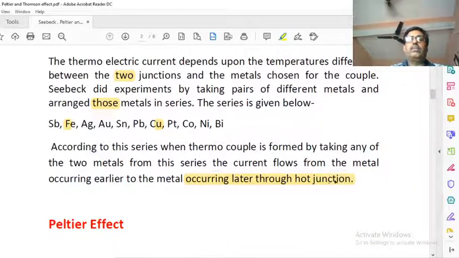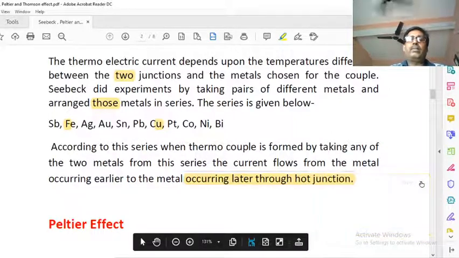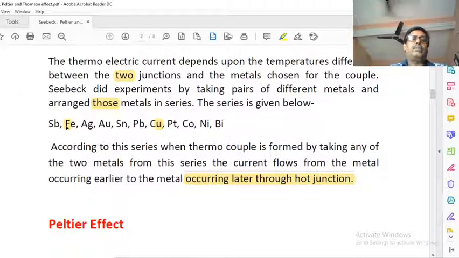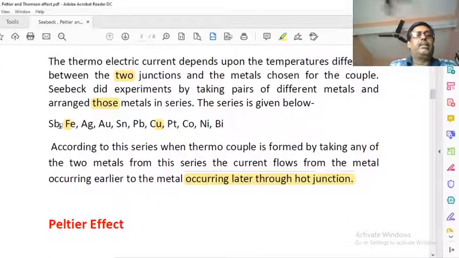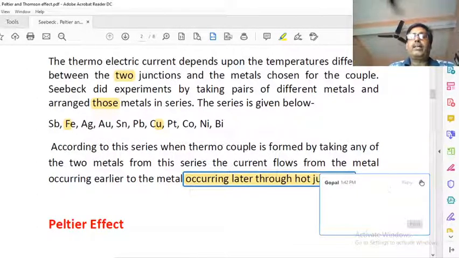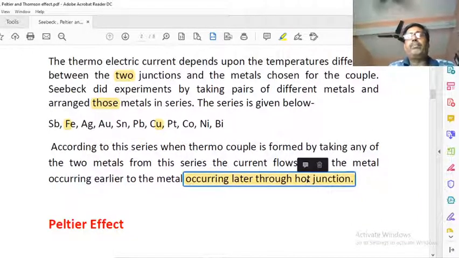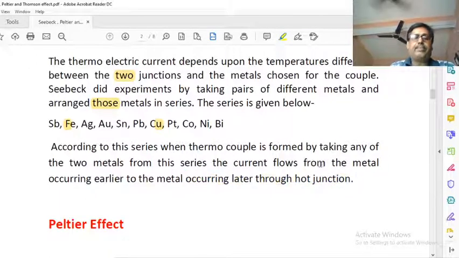Mind it, this will be cold. So I am giving hints here. Actually, if the series starts from bismuth, then this is true. But here the series has started from antimony, so it is the cold junction. So again I am saying that this hot should be replaced by cold. So correct it.